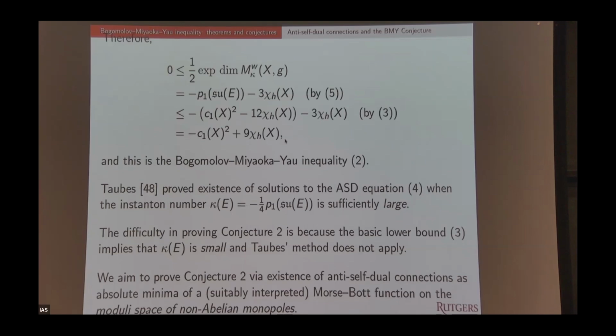We're going to prove conjecture 2 using a sort of Morse theory on steroids type of approach. And it's that Morse theory idea that I want to describe today and some of the ingredients involved.